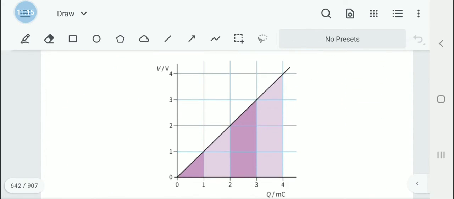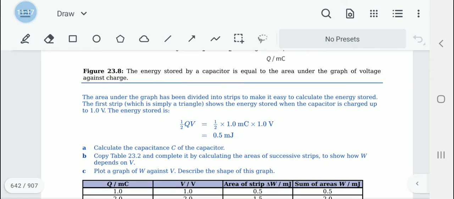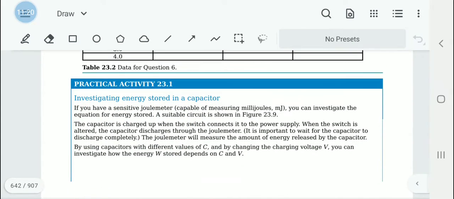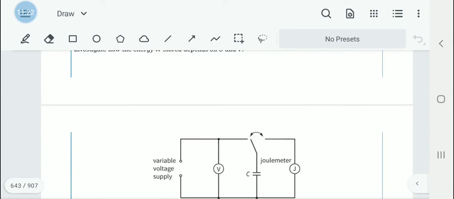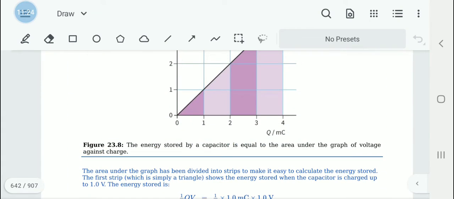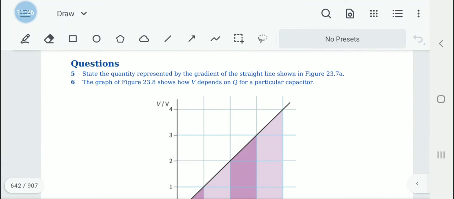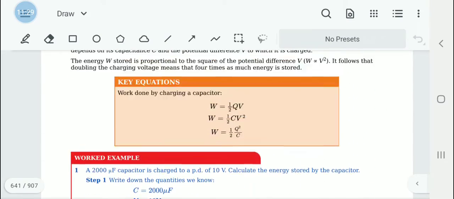I would suggest that you do question number 5 and 6 after you have written the note. Write down the note.